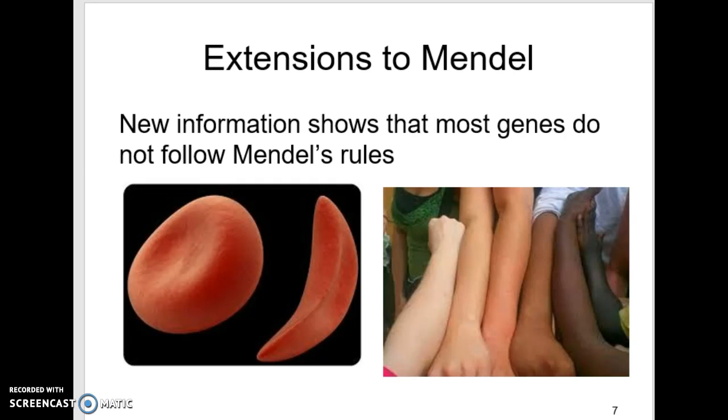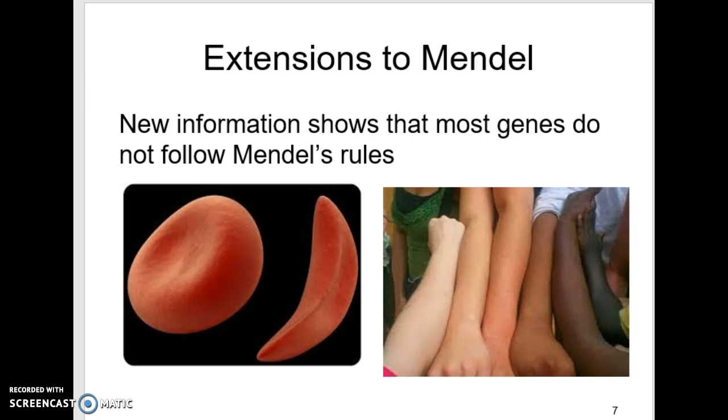Things like sickle cell anemia, those red blood cells, the shape of it. Skin color, great example. Look at the spectrum of skin color there. These are all humans. These are all people. Yet there's this vast degree of variation within human skin color. That's not a monohybrid cross. That is not a dihybrid cross. These are things we'll start talking about with these extensions to Mendel's work here.